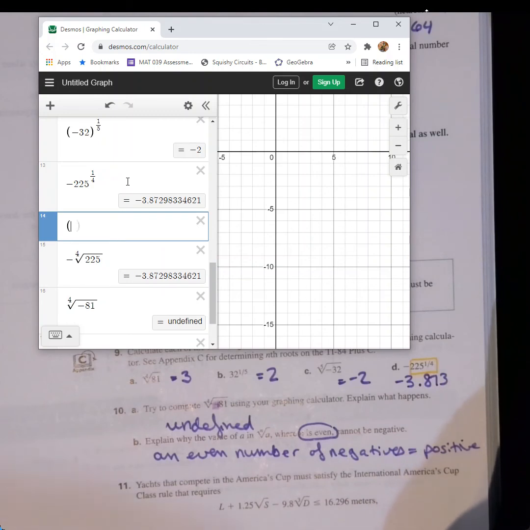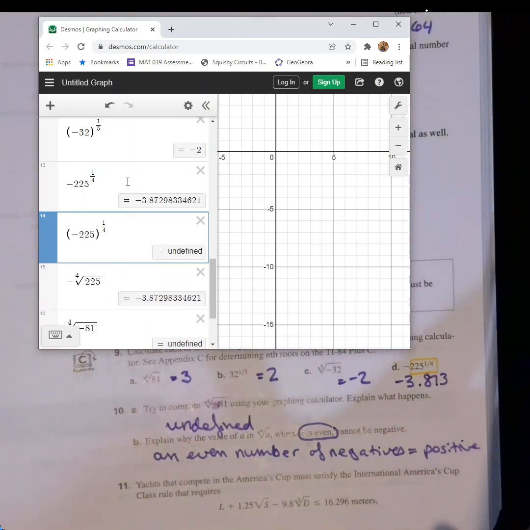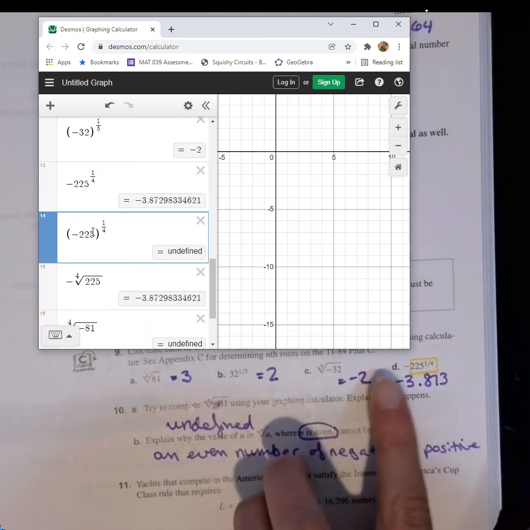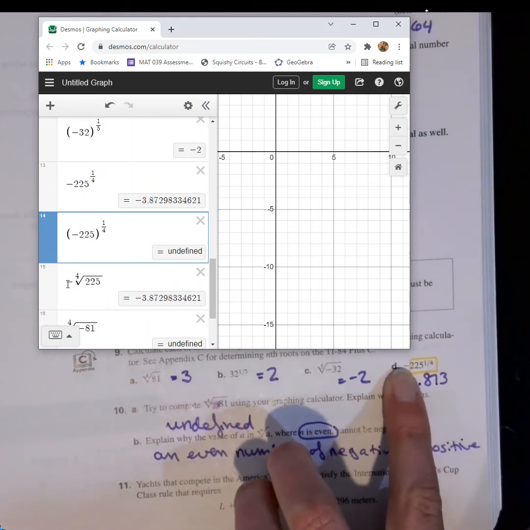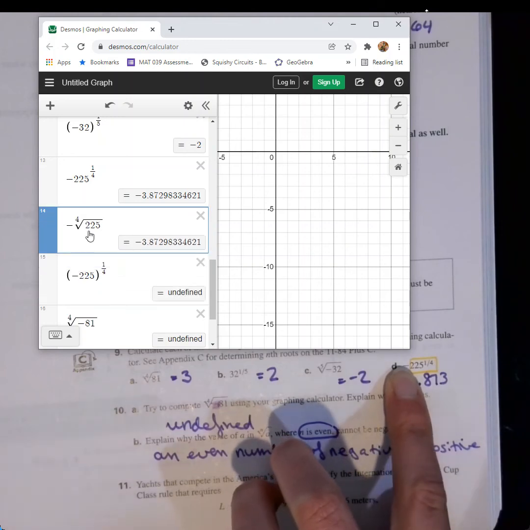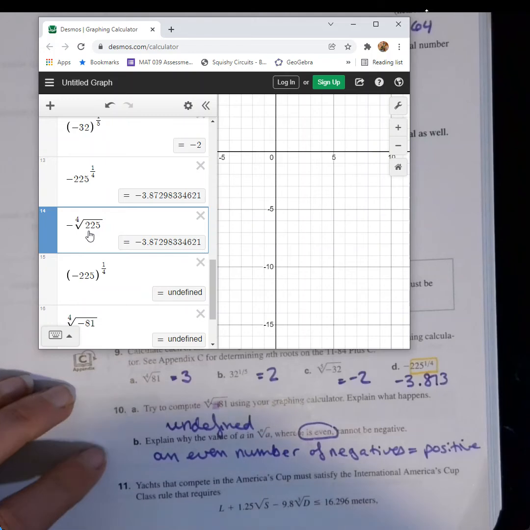So in parentheses, negative 225 to the 1/4 power is undefined, just like the negative 81 inside the 4th power. So without the parentheses, it means that the negative is outside, like here, outside of the radicand. It's not inside. All right.